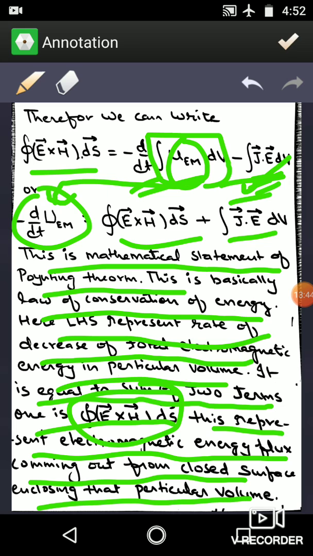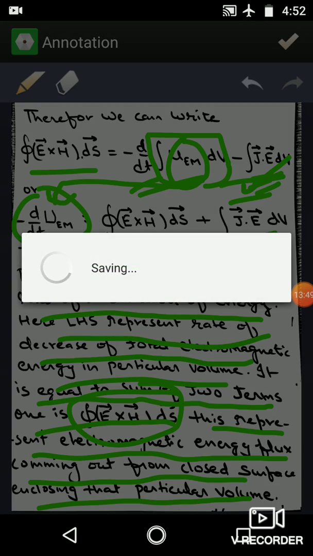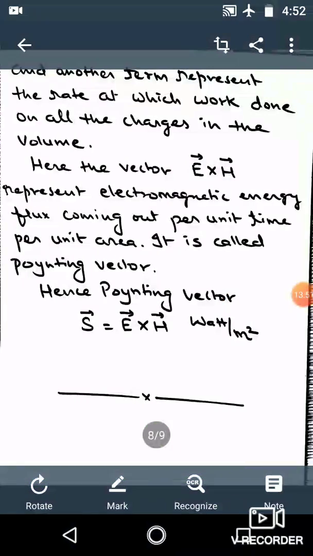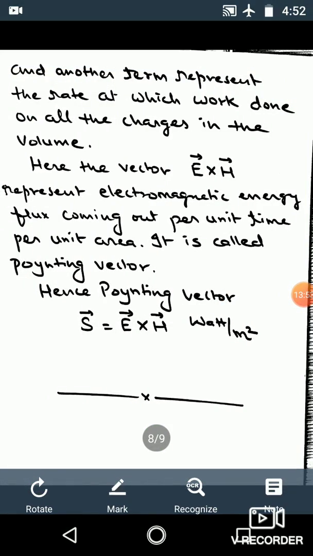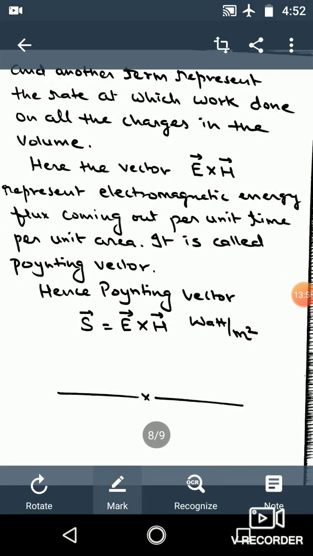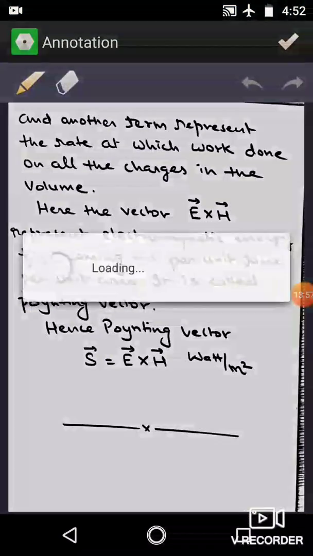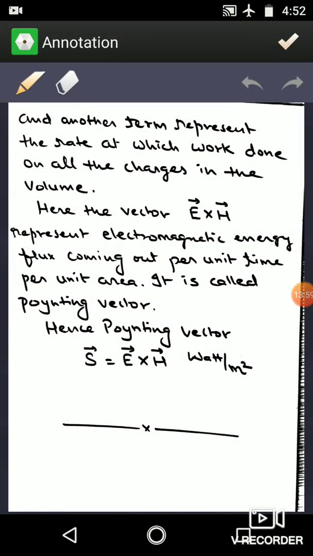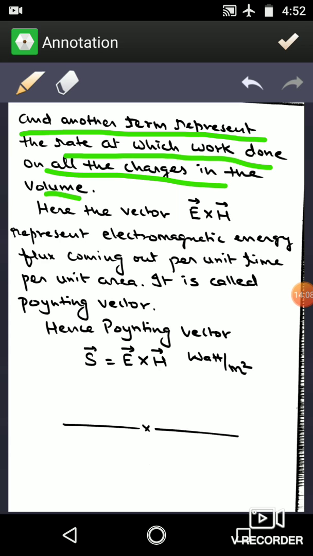Let us see on the next page. And the other term represents the rate at which work is done on all charges in the volume.